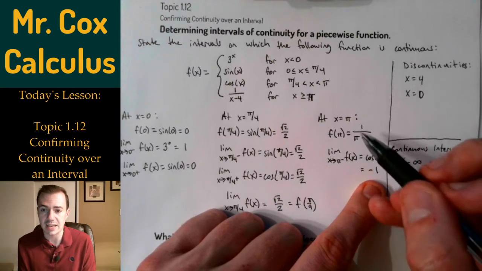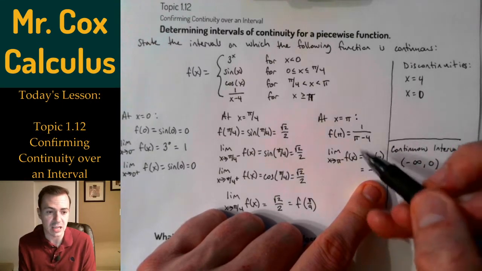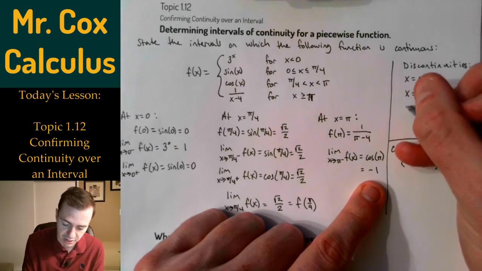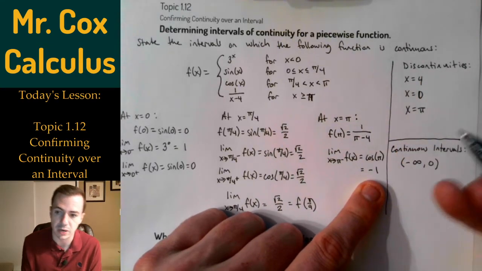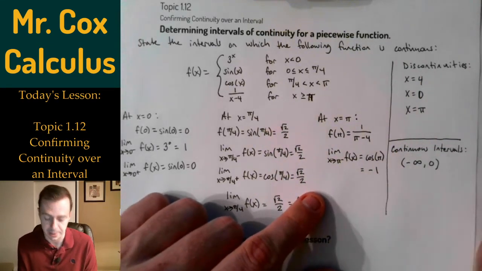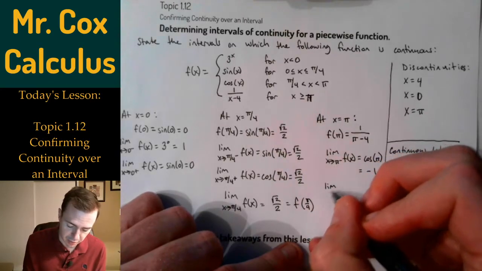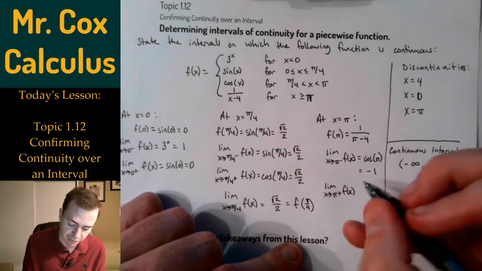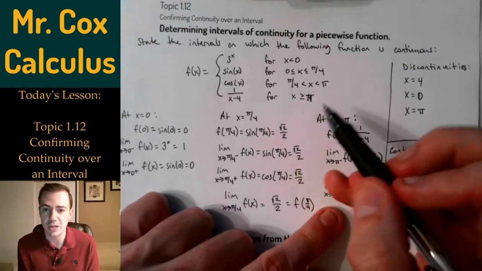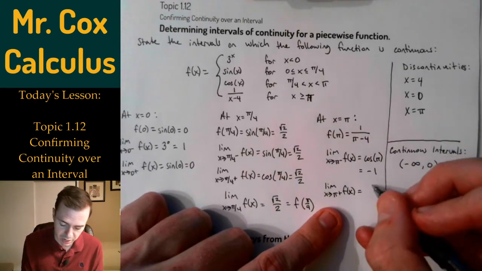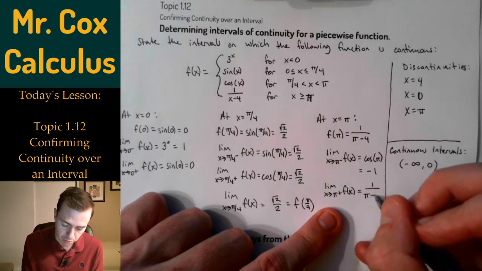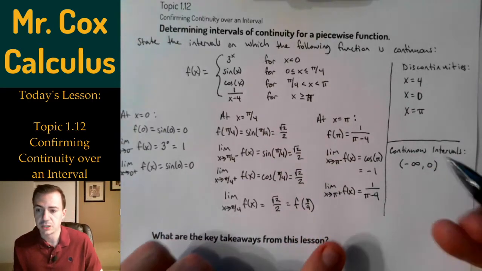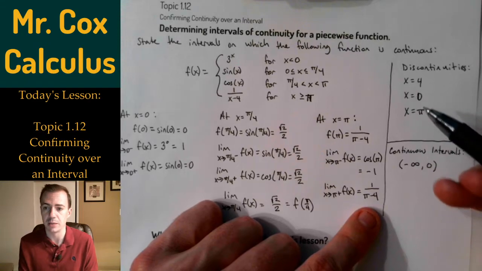And already I can see I don't have that equaling f of pi, so I'm going to end up with a discontinuity at x equals pi. But let's take a look at the limit as x approaches pi from above of f of x. Well, we already know for values greater than pi, we end up with 1 over pi minus 4. So I have a break in continuity.